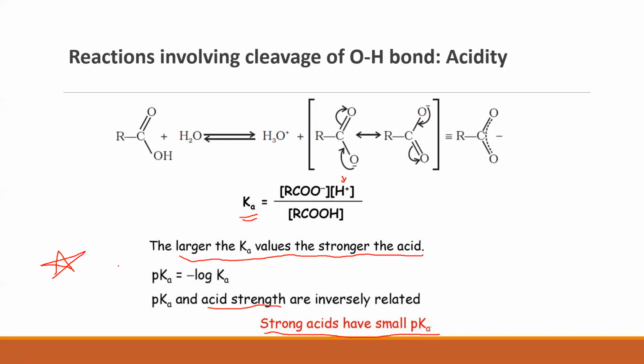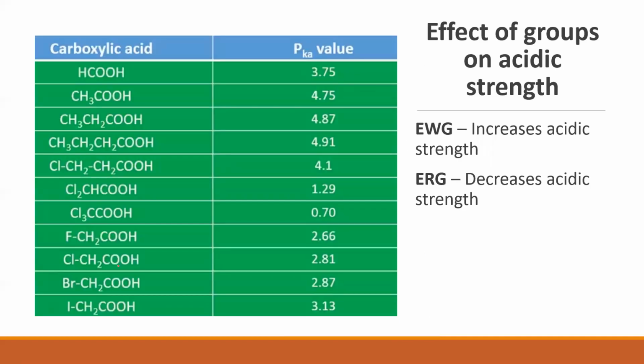Now let us see how we can apply this to various acids. There are a series of acids here, which basically differ by the R group that is attached to COOH. Each of these differs by the R group attached to COOH, and the corresponding pKa values are also mentioned.